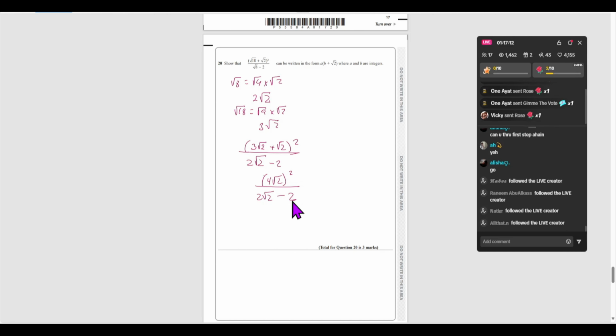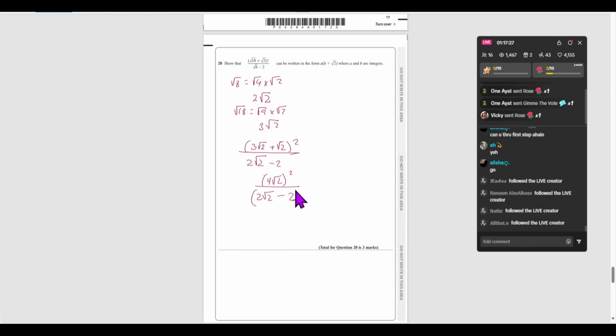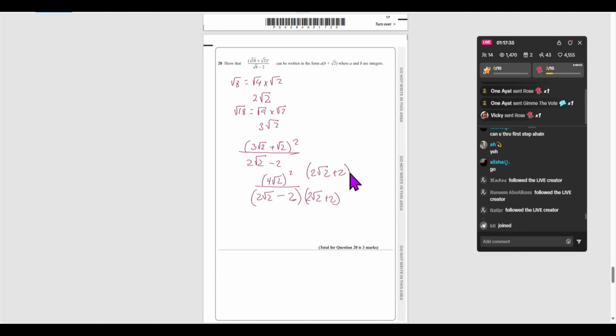Now what we're going to do, then we're going to rationalize it. Rationalize it, I think is what it's called. And times it by, put it in the brackets. And we're going to times each of it by 2 square root 2 plus 2, and this by 2 root 2 plus 2 as well.